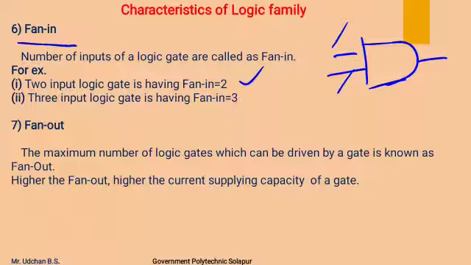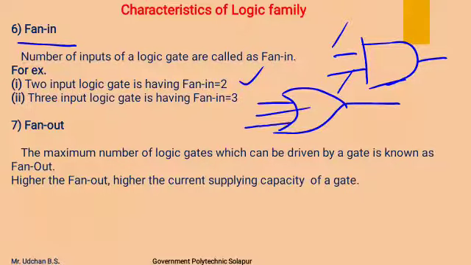The second example given over here is a 3 input logic gate. For example, if I draw an OR gate having 3 input terminals, its fan in will be 3. So the number of inputs represents the fan in.